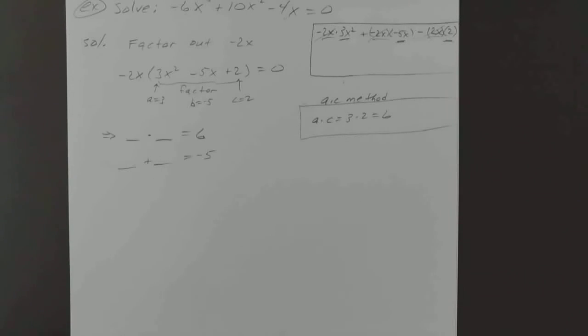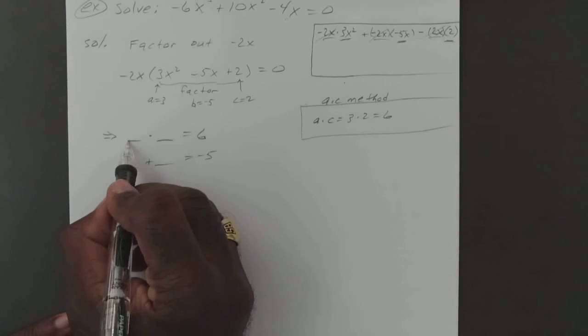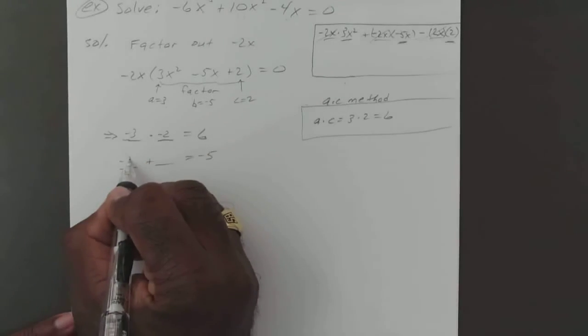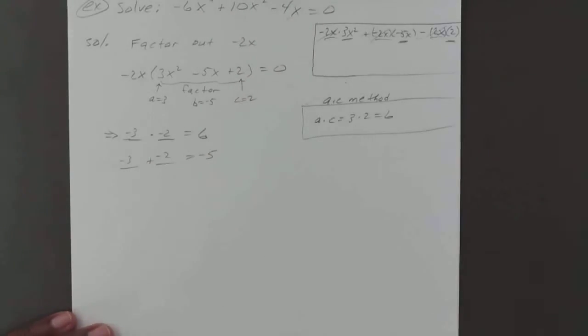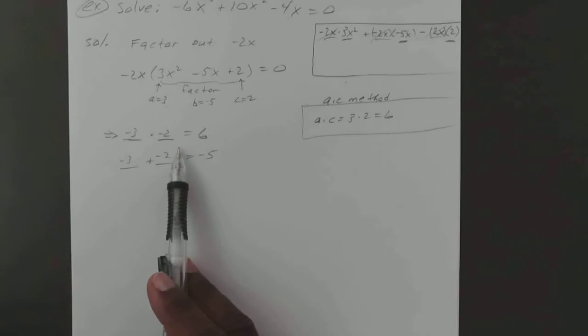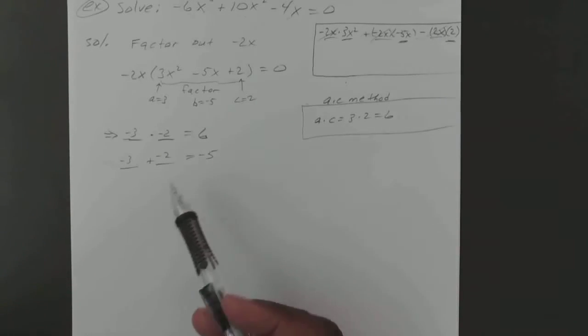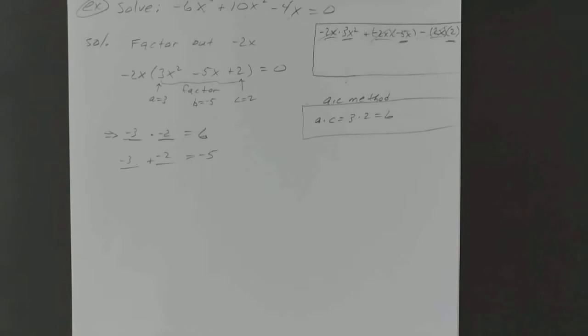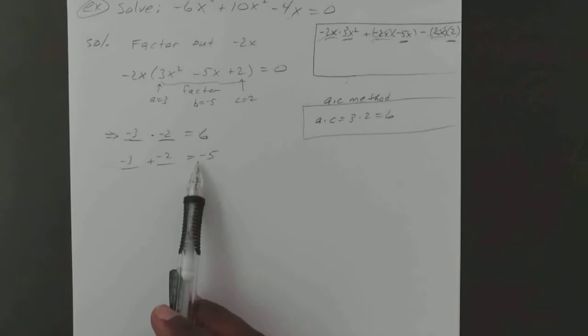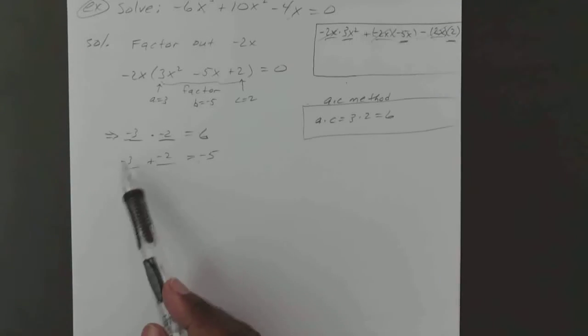Okay. So for this one, it looks like negative 3 and negative 2 should work. Whenever you have a number up here that's positive that you're multiplying, but it's negative when you're adding, you know they're going to be two negative numbers. Or if it's negative up here and positive down there, you know one's going to be negative and one's going to be positive.